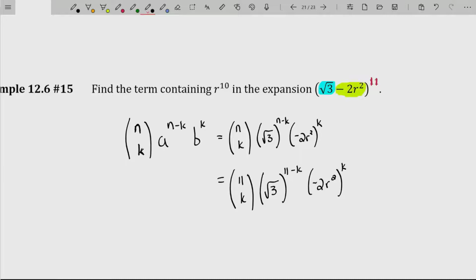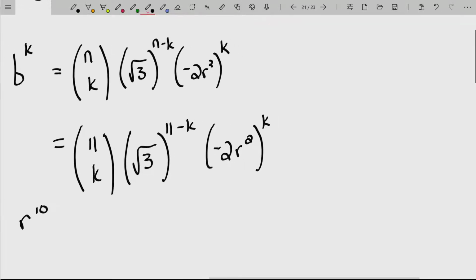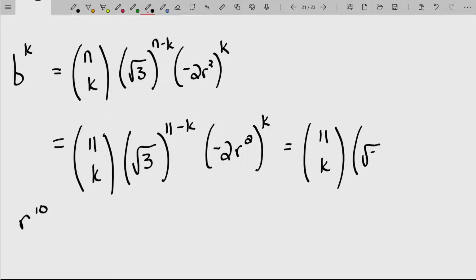Great. Now we start asking, what do we need? Well, we need r to have a power of 10 in the long run. So we need r to be to the 10th power. If you take a look at this arbitrary kth term, it is 11 choose k, root 3 to the 11 minus k.